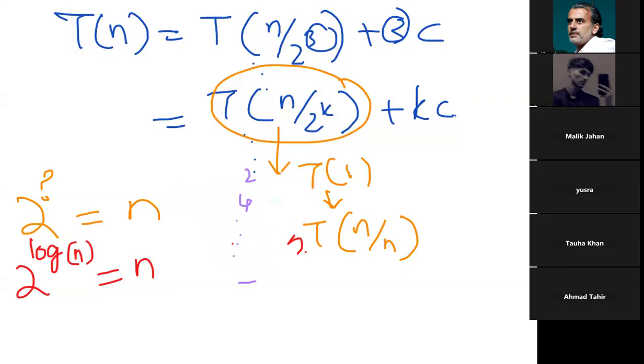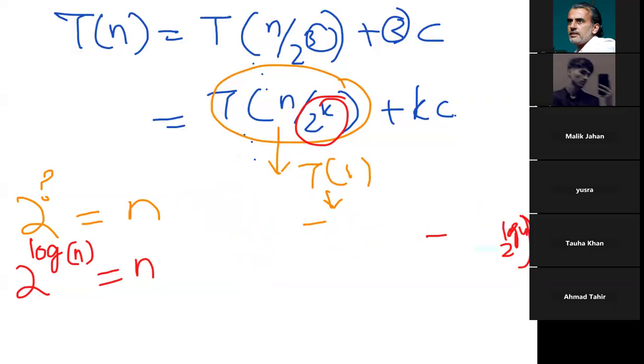Why are we interested in this thing? Because you look over here, we wanted to get T(n/n), and the part which we had in the denominator is in the form of a power of 2. So we are actually interested in T(n/2^log n).